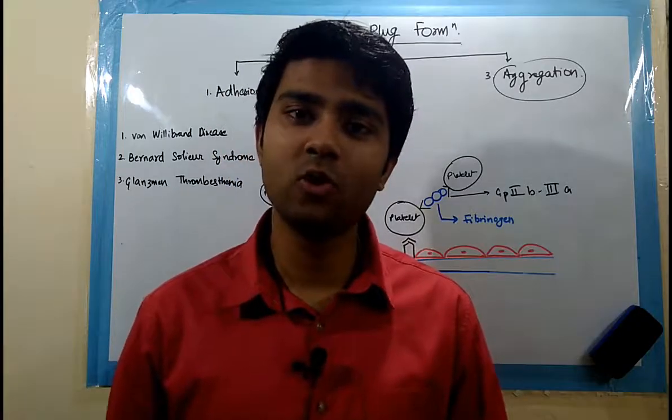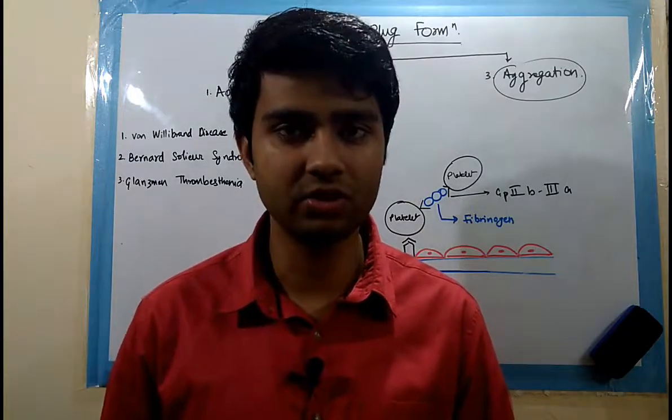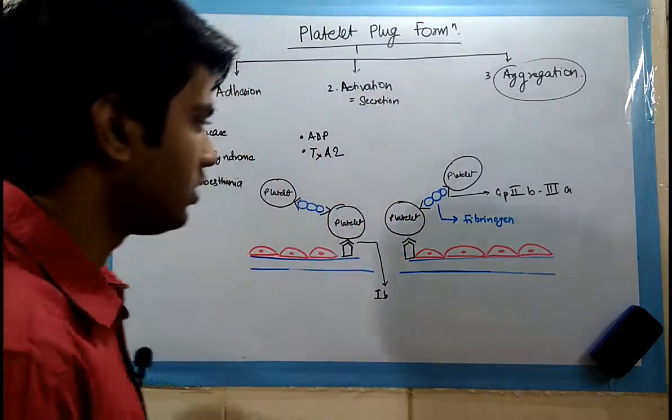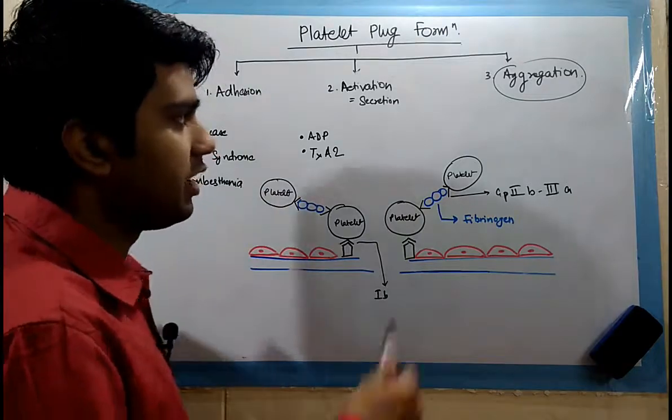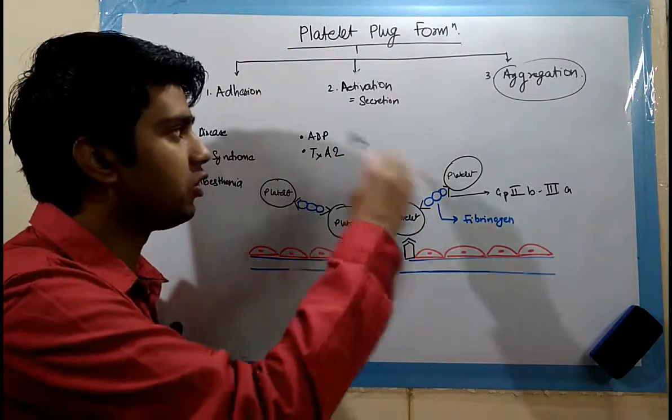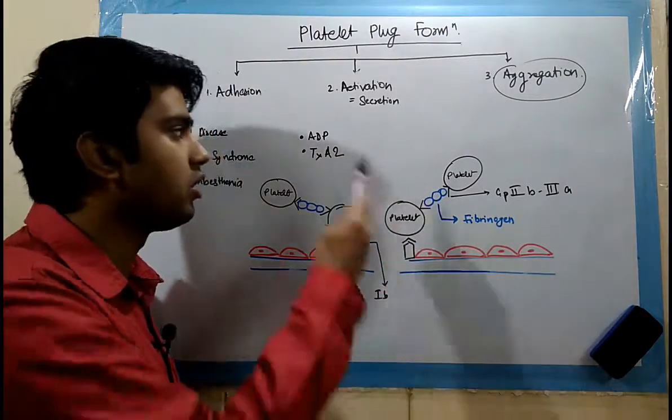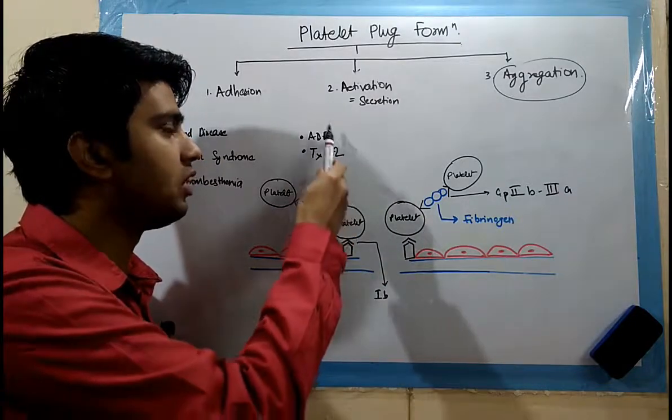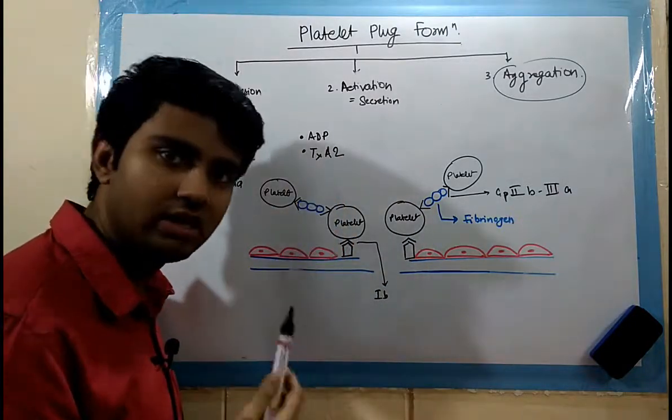Okay, now let's move on to the last step of platelet plug formation, which is aggregation. In this, as we have just learned, in activation a lot of different chemicals are released, with the most important ones being ADP and thromboxane A2.